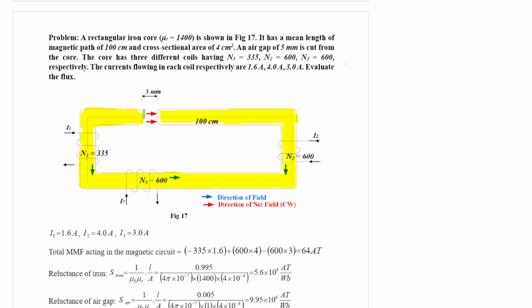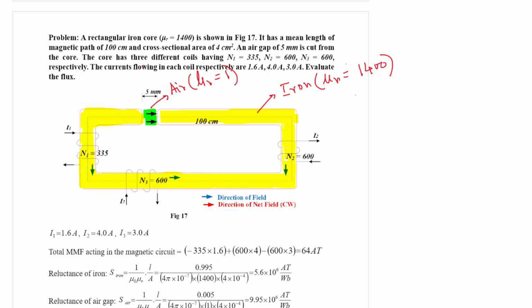So this little air gap is 5 millimeter thickness. This is made up of iron, which has relative permeability equal to 1400, and this is the air gap, which has relative permeability 1.